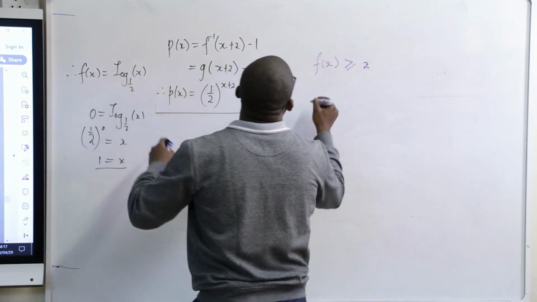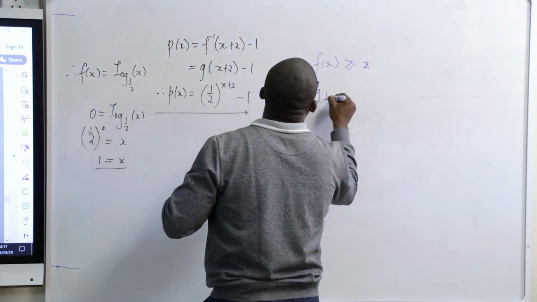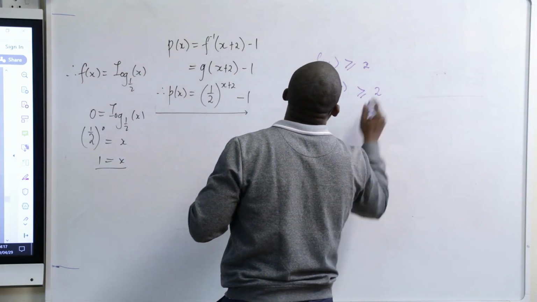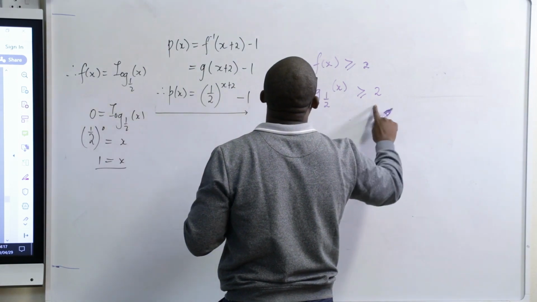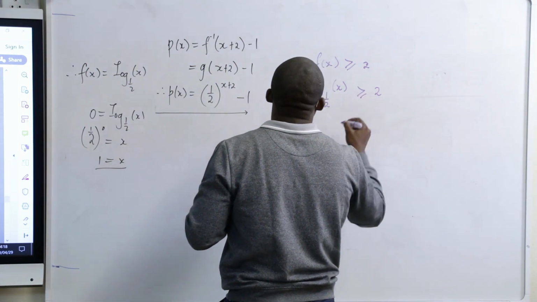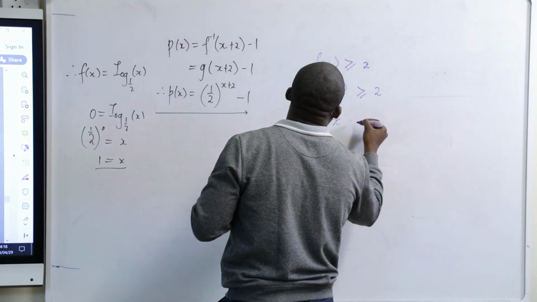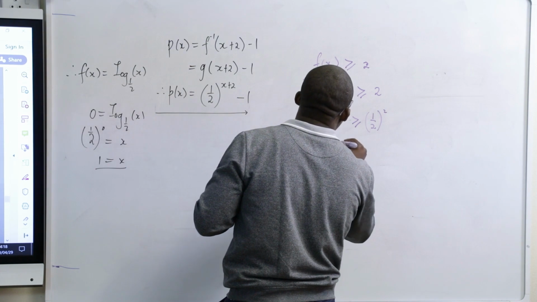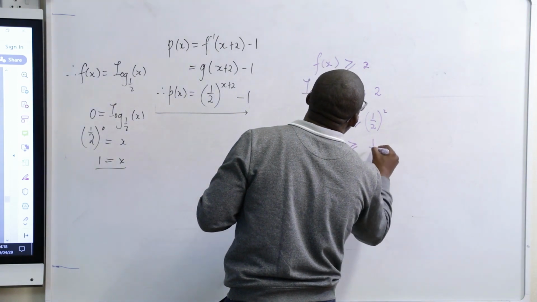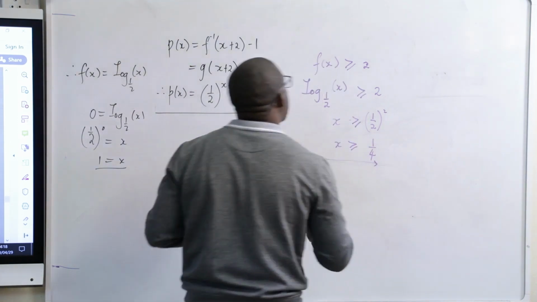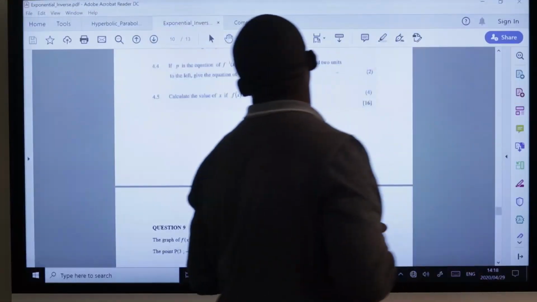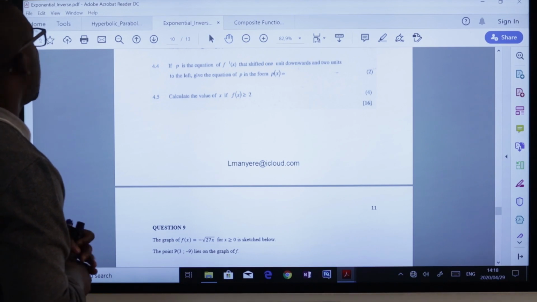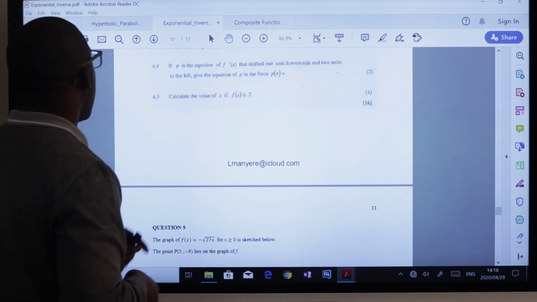F of x was log to the base of half of x greater or equal to 2. This will go and kick that up. X will be less or equal to half squared. This is x less or equal to 1/4.